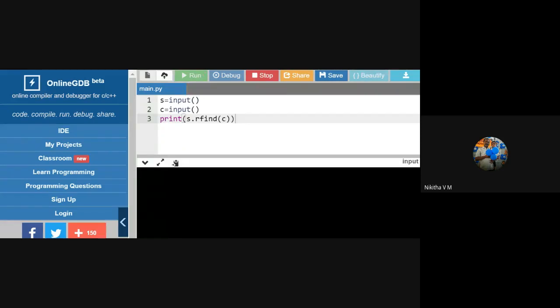Now, here also, whenever I'm trying to give a string and I'm finding out A, which is not present in the string, I will still get -1.